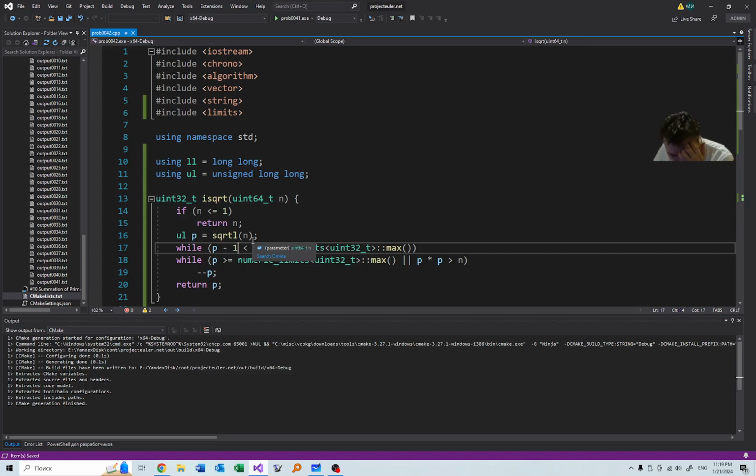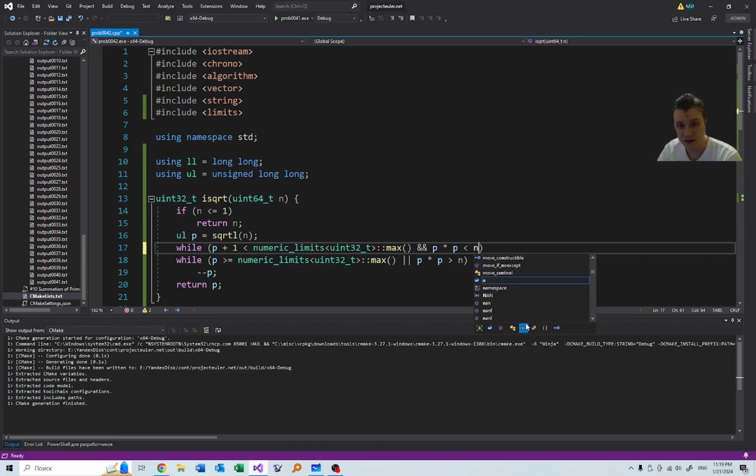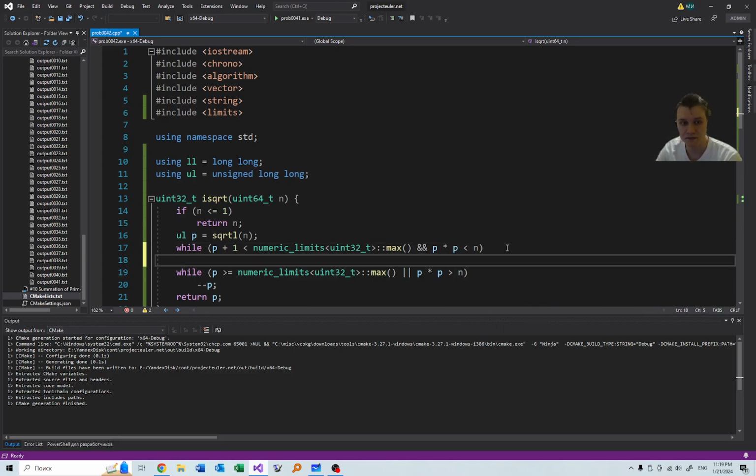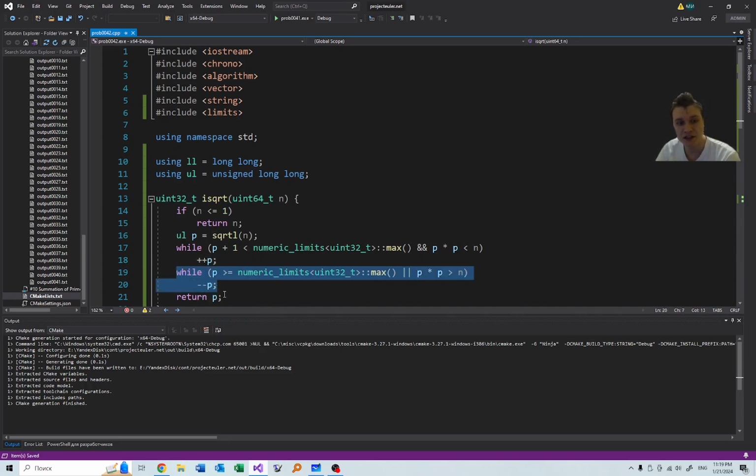While p plus 1 is less than this, and p times p is strictly less than n, I can increment p. Then I need to decrement p and I return p.